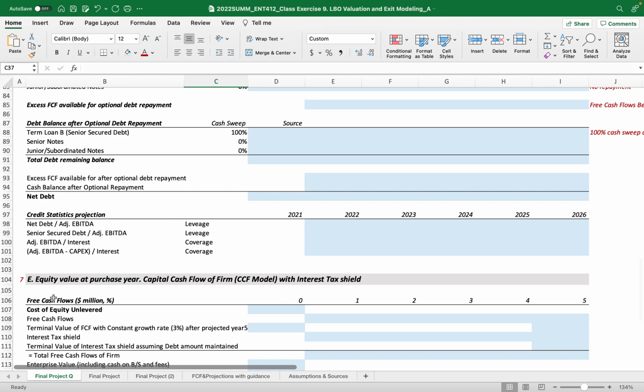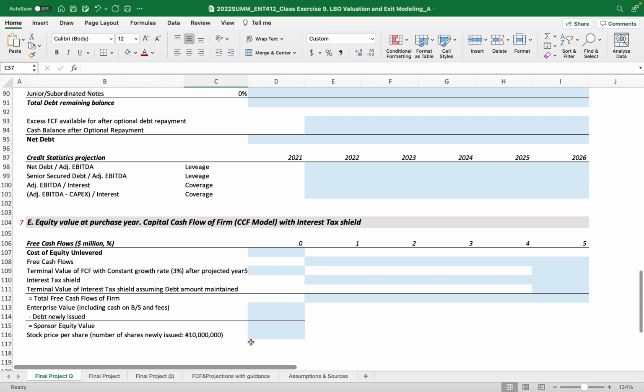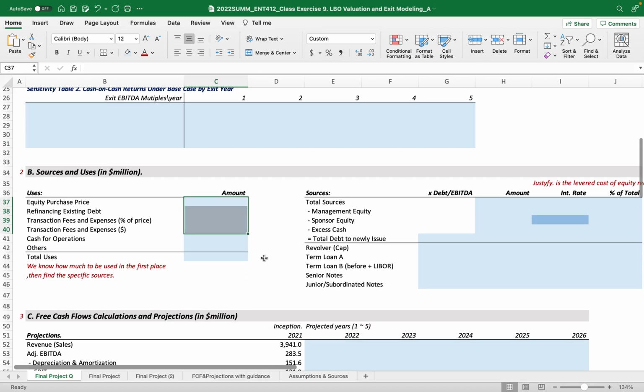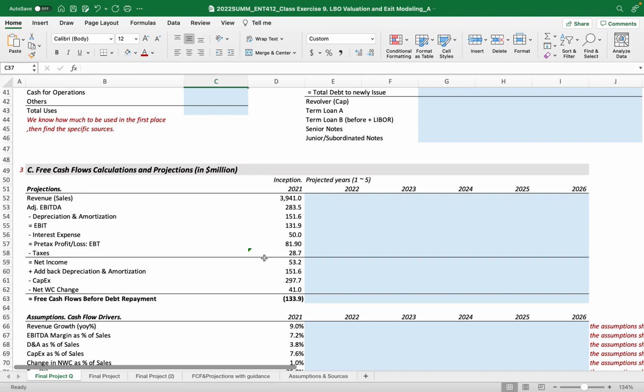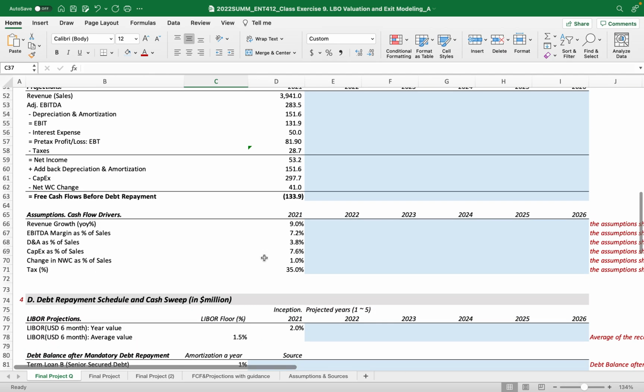Then we'll complete the equity value at the purchase year to get the actual stock price using the capital cash flow (CCF) model with interest tax shield, using the unlevered cost of equity, assuming 100% equity financing, because we are going to amortize the debt amount, which will change the cost of capital of the company. In order to not be affected by these changes, we use the unlevered cost of equity.